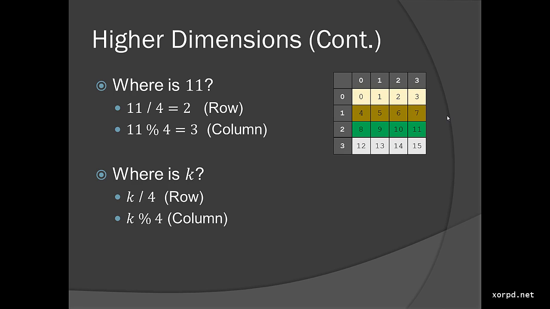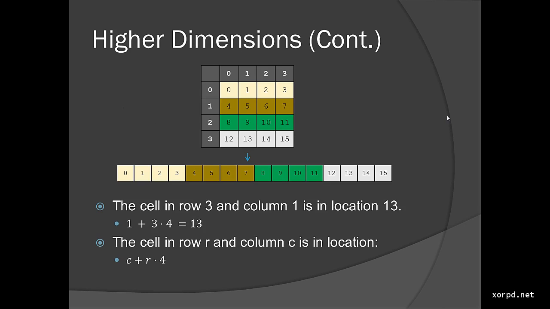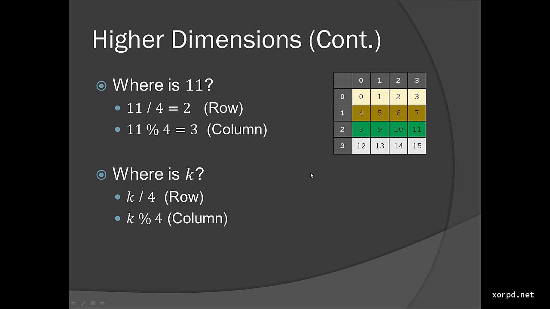What about the inverse transformation? Assume that we think about byte number 11 in the linear representation, for example this byte, and we want to know where we can find it inside the table. The inverse transformation is something like this. We just divide by 4 to get the row, and take the modulo by 4 to get the column.